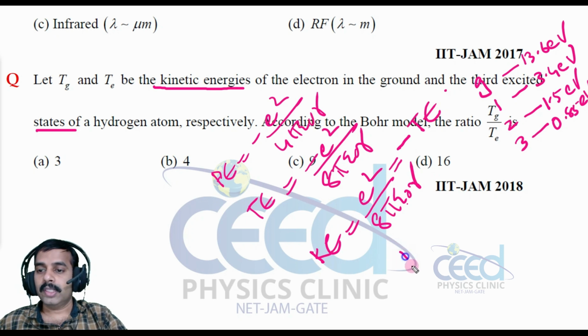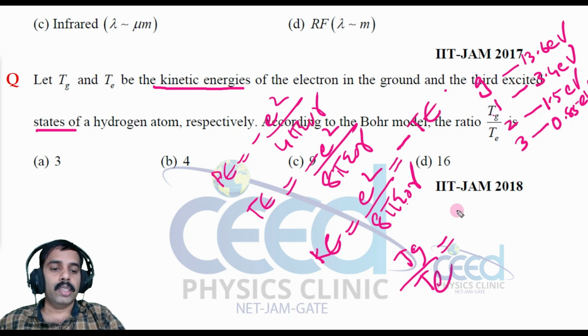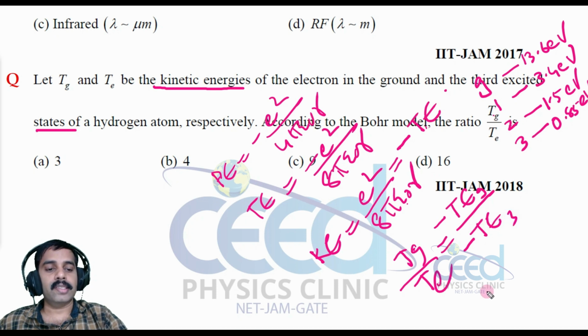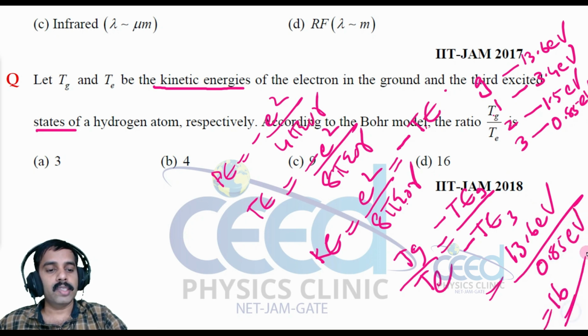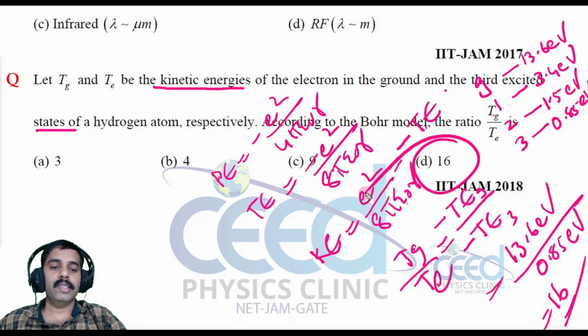So Tg by Te is equal to the negative of the ground state total energy divided by the negative of the third excited state total energy. Minus of minus 13.6 is 13.6 electron volt, divided by minus of minus 0.85, that is 0.85 electron volt. When you do this, you will get approximately 16, right? So option D is correct.